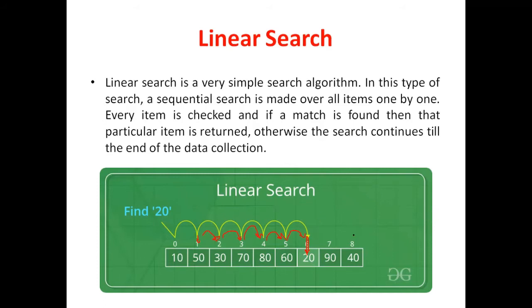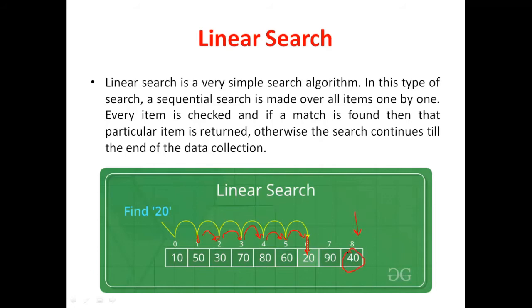Because if your element is present at the last location, suppose I want to find the value 40, your algorithm will compare all the locations: zeroth location, first location, second, third, fourth, fifth, sixth, and seventh. And finally, you will get your value at the eighth location.